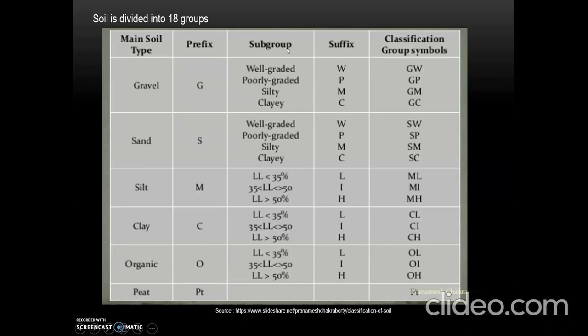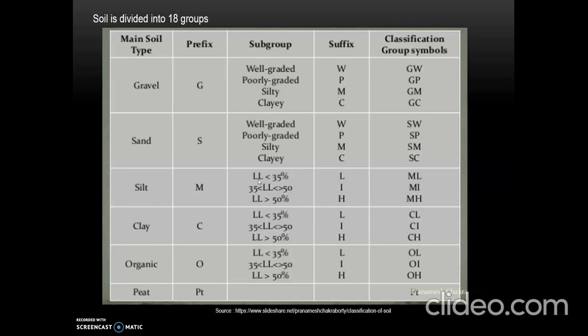Similarly, subgroups are the same as those used in the previous classification system, that is well graded, suffix is W, poorly graded P, silty it is M, for clay it is C. Similarly, for sand also the same subgroups: well graded W, poorly graded P, for silty it is M, for clay it is C.